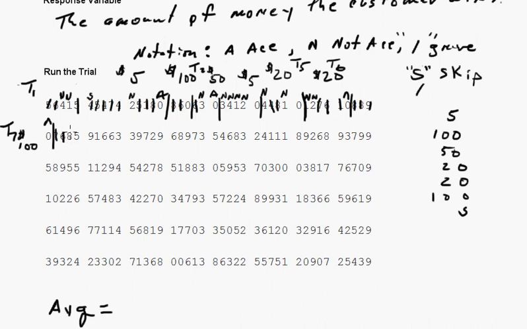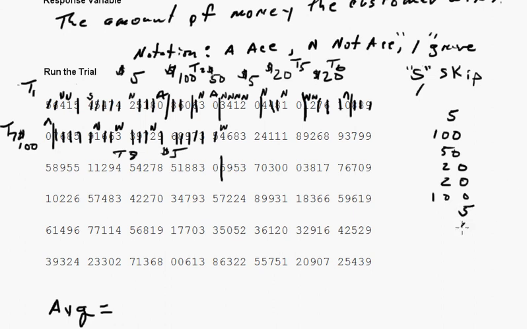Ignore, ignore, not an ace. Skip, skip, skip. Not an ace. Ignore, ignore, ignore, ignore, ignore. Skip. Ignore. 4, not an ace. So then we go all the way till we see a 0. Bam, right there. So it's $5. That was T8.